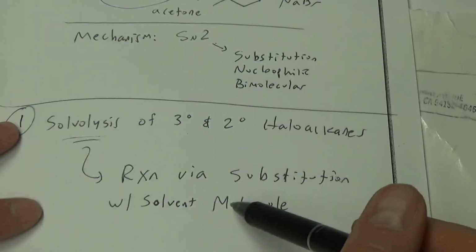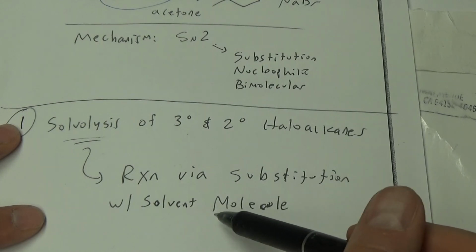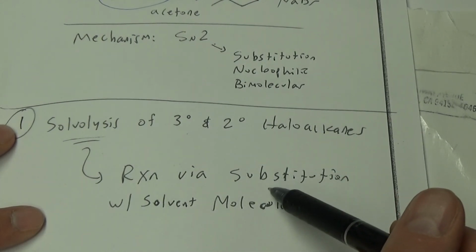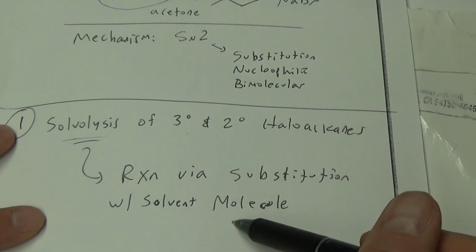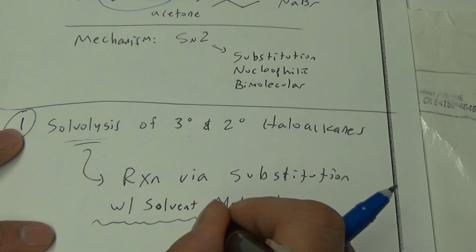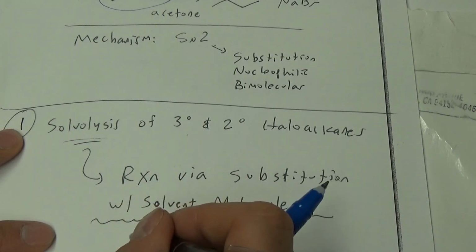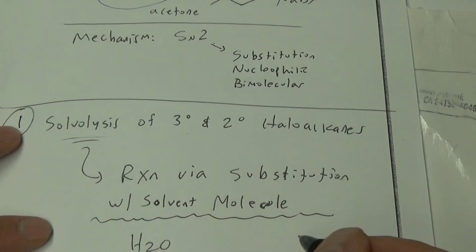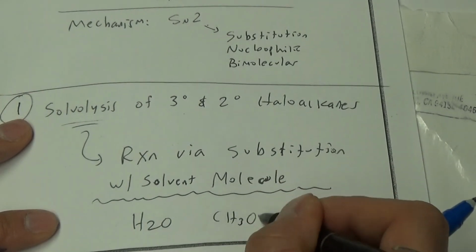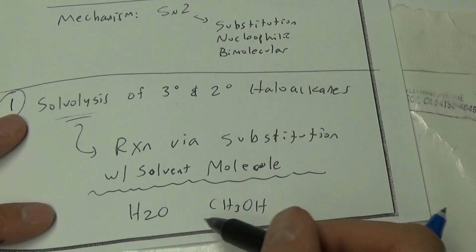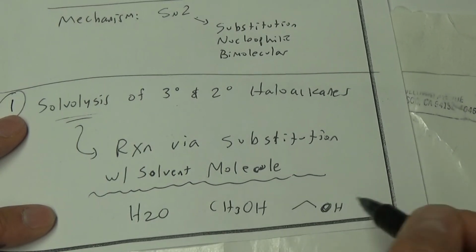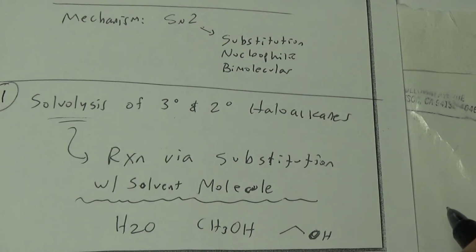In this case, substitution with a solvent means that the solvent is going to be causing the substitution. The solvent is actually going to be the nucleophile. Okay, that's weird. It's a little different than what we saw before. Examples will be water, which can be a solvent and a nucleophile, methanol, alcohols, water, methanol, ethanol. Those are going to be the kind of things that undergo this solvolysis process.